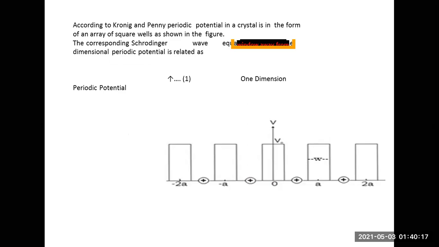Slowly we deal with the conductors, and then we'll go for the semiconductors, and at last in this particular chapter we'll deal with the insulator. So these particular topics will be studied in detail.